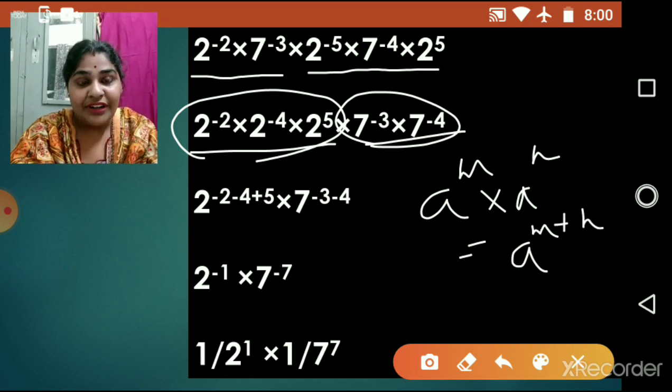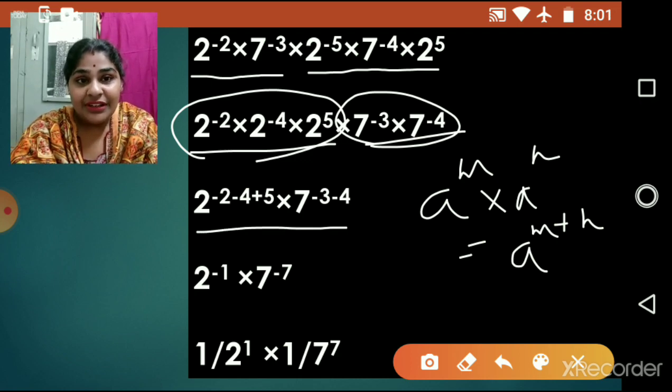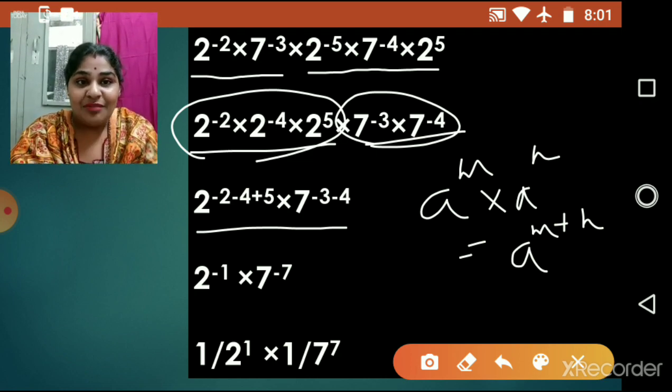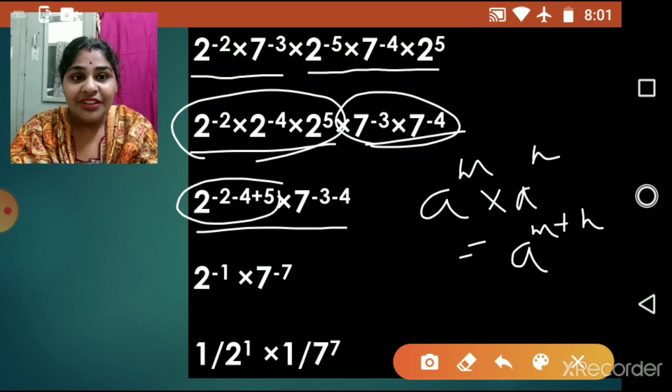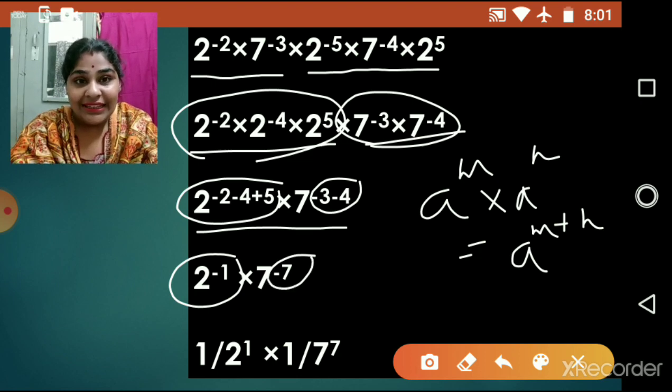Using that, it will be 2 raised to negative 2, negative 4 plus 5, multiplied by 7 raised to negative 3 minus 4. When you solve this, you will get 2 raised to negative 1, and 7 raised to negative 7. Negative 3, negative 4 will be minus 7, that is negative 7.